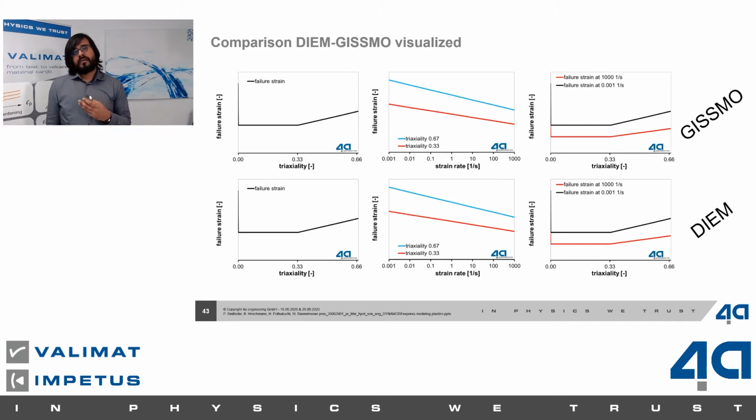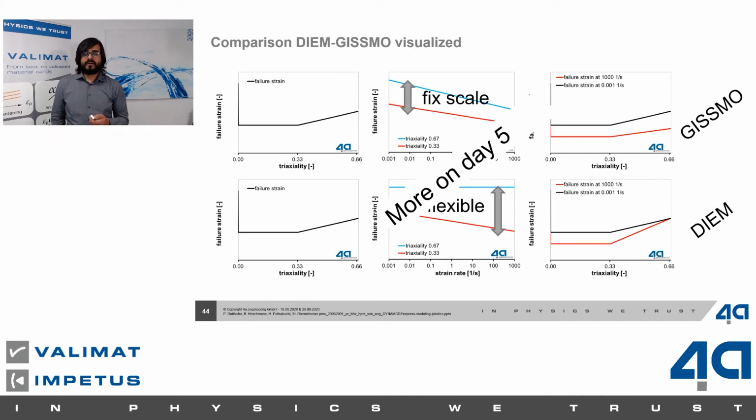And in plastics, we will see next week how important that is. For DIEM, the advantage is first of all the familiarity of such a model, and also that it's more flexible with your strain rate scaling. As I said, GISSMO has a fixed scale for strain rate scaling, and DIEM has a more flexible scale for strain rate scaling. And as I said, more in the talk from Mr. Hirschman next week.